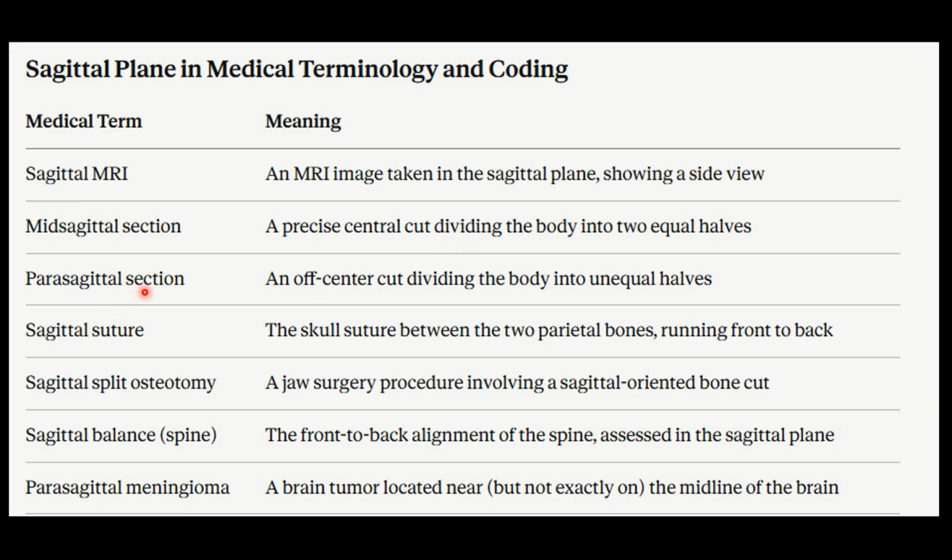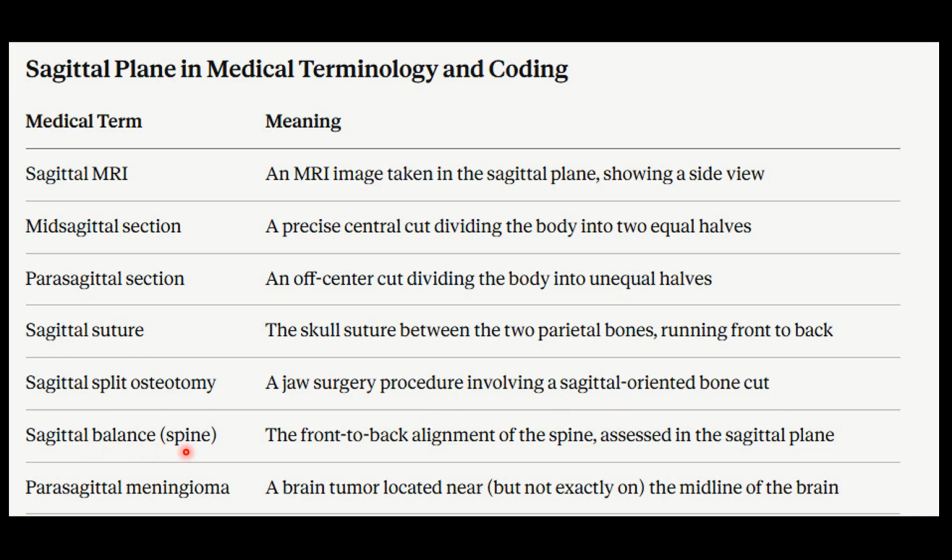Then parasagittal section, an off-center cut dividing the body into unequal halves. Then we have sagittal suture, the skull suture between the parietal bones running front to back. Then sagittal split osteotomy, a jaw surgery procedure involving a sagittally oriented bone cut.